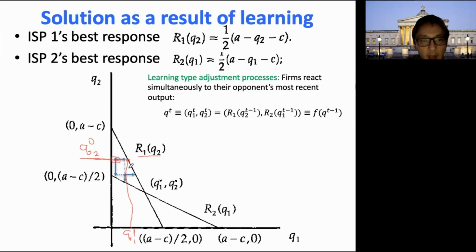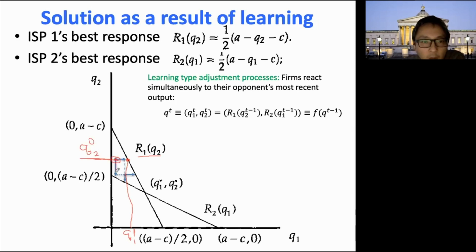So then I'm going to update my production in term 1, so that the quantity is my best response towards Q2 at time step 0. Equally, this player 2 also does the same thing, and this is their response curve, right?